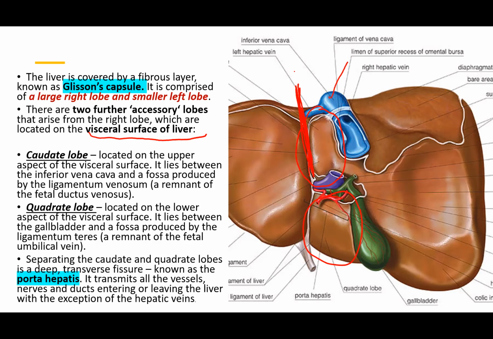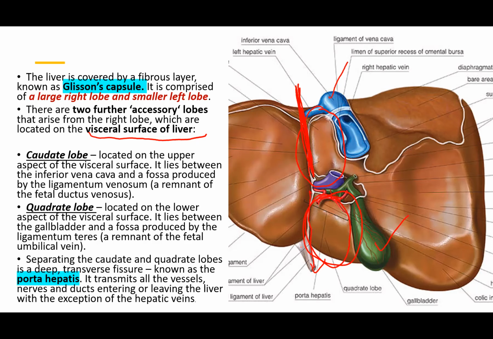The quadrate lobe is located on the lower aspect of the visceral surface of the liver. It lies between the gallbladder and a fossa produced by the ligamentum teres, a remnant of the fetal umbilical ligament. This is the quadrate lobe, located between the gallbladder and the fossa formed by the ligamentum teres. Okay?